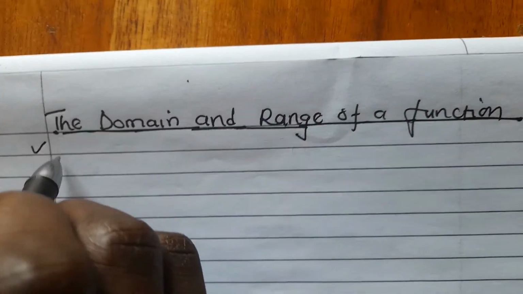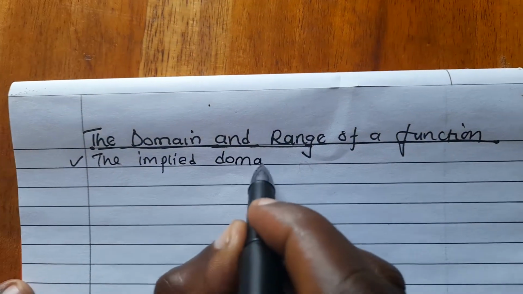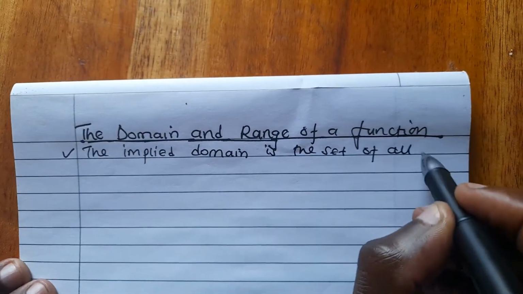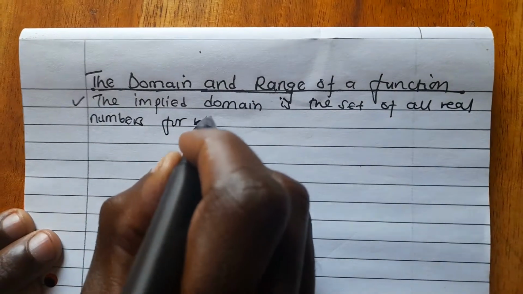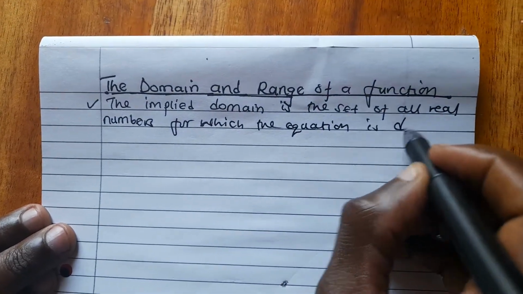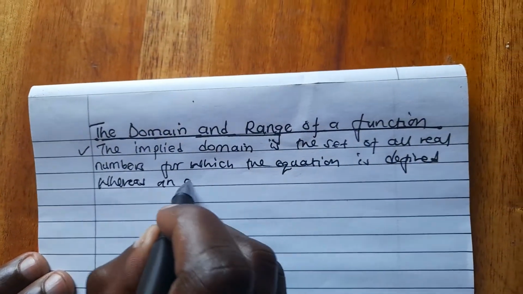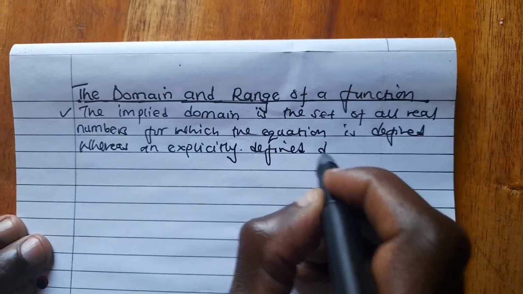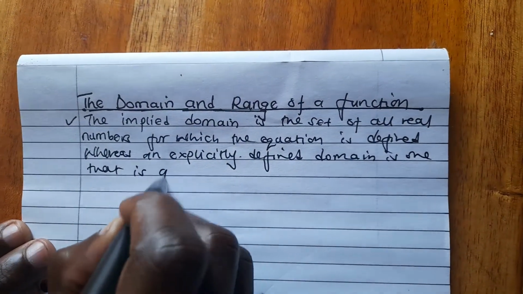So we can write and say the implied domain is the set of all real numbers for which the equation is defined, whereas an explicitly defined domain is one that is given along with the function.